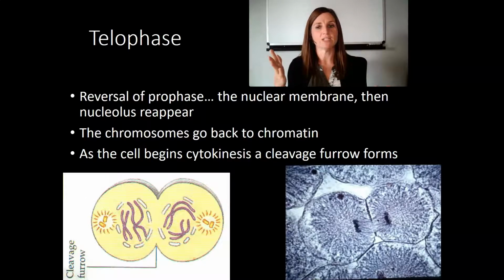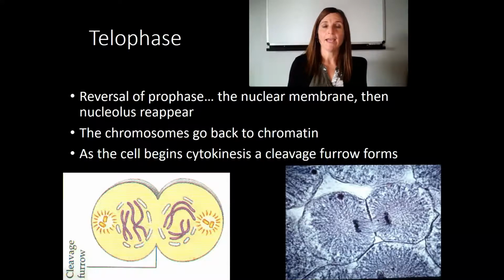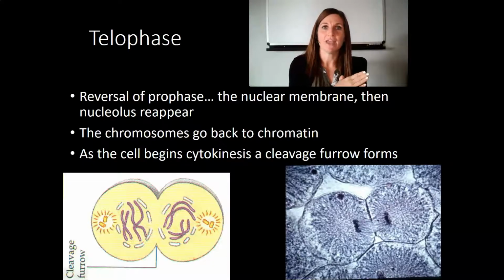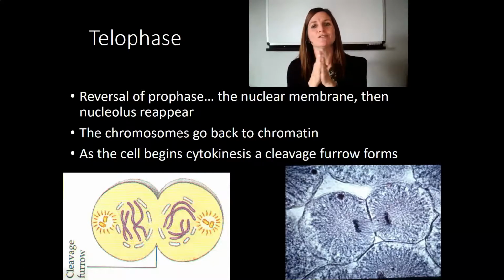So in telophase, the nuclear envelope forms. In prophase, we saw the spindle fibers form. In telophase, we see the spindle fibers dissolve. In prophase, we saw the nucleolus go away. In telophase, we see the nucleolus come back. So everything that happened in prophase unhappens or turns back in telophase.